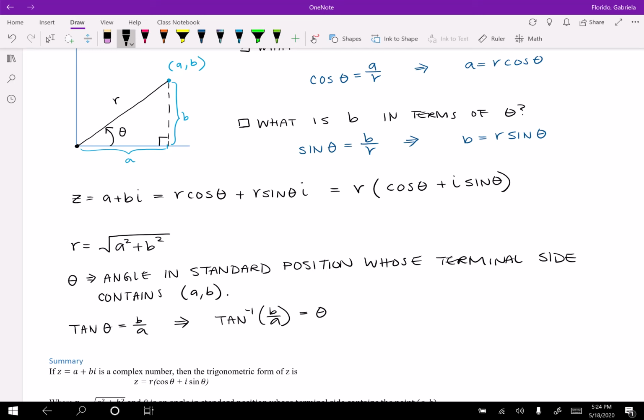tangent inverse is going to give you angles between negative pi over 2 and pi over 2. And so depending on where your angle is and what quadrant it is, you're going to have to adjust to that. Okay, so just warning you there. So let me make a note here.